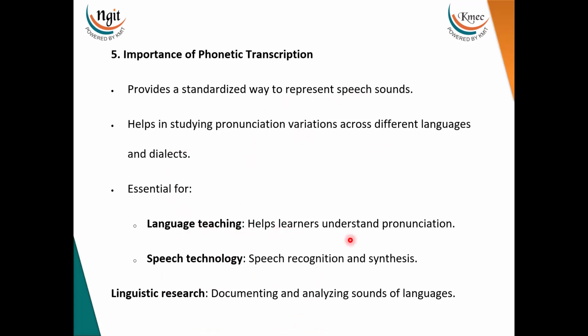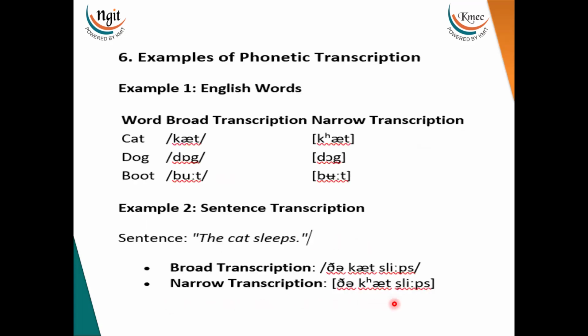Language teaching helps learners understand pronunciation. So when learners find it hard to pronounce a particular word, they can understand from this. Speech technology covers speech recognition and synthesis. Then there is linguistic research, documenting and analyzing sounds of languages. These are all the importance of phonetic transcription.